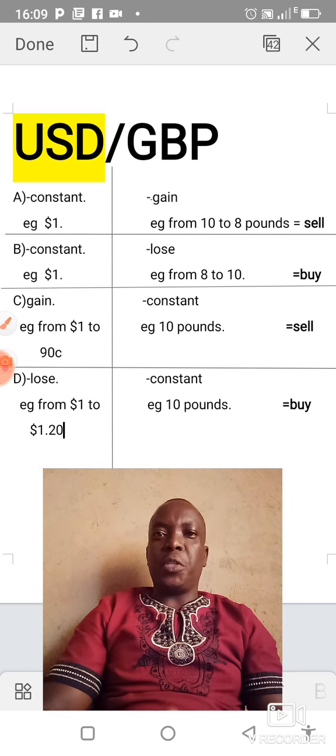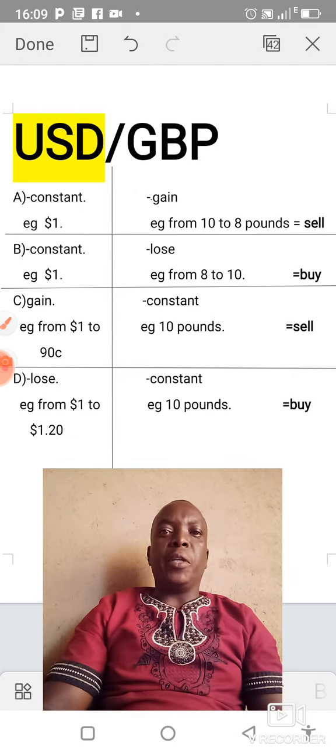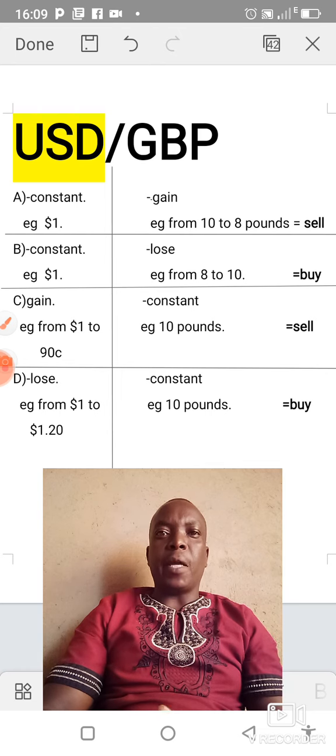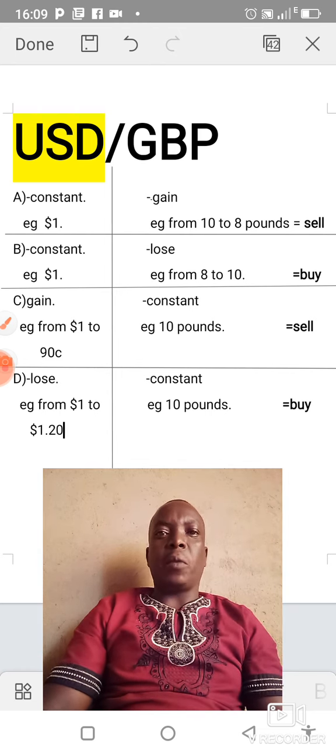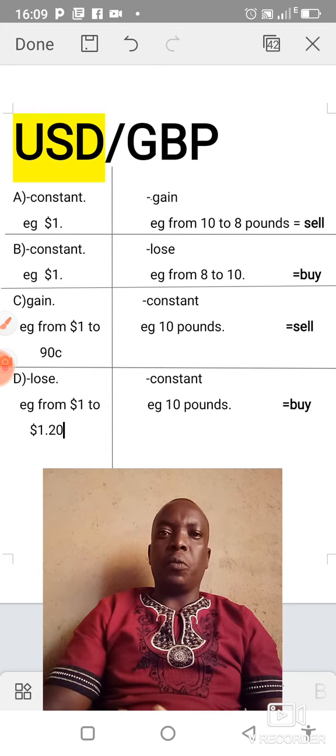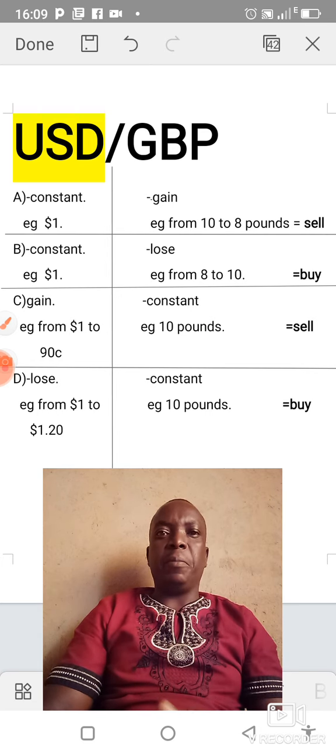In the second situation, the base currency, the US dollar, is also constant at $1. The quote currency, the GBP, loses value. Initially you were paying 8 pounds for a single dollar, and now you are required to pay 10 pounds for the same single dollar, which means the GBP has lost in value.